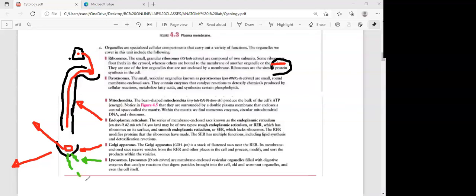So that toxic material is going to be neutralized right here in the peroxisome. The transportation of this protein is going to be done by the endoplasmic reticulum. Yes, but the endoplasmic reticulum, in order to transport it, needs some energy. That energy, so this protein can be transported, is going to come from the mitochondria, which is this one right here.